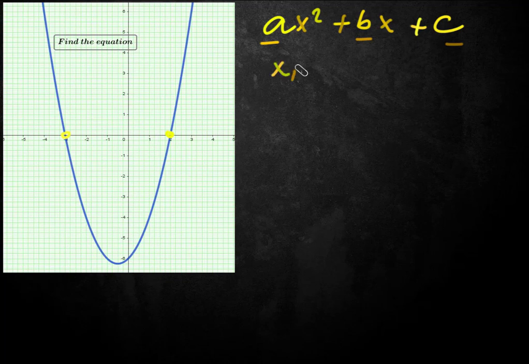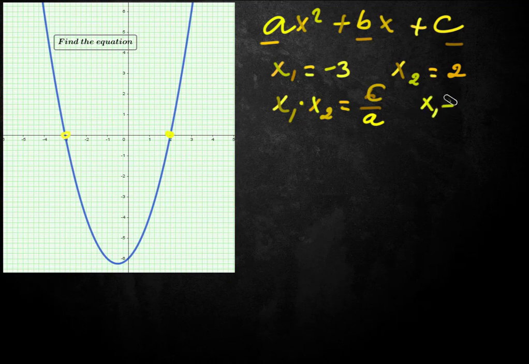So if we have x1 is equal to -3 and x2 is equal to 2, we can say then that x1 times x2 is equal to c over a.